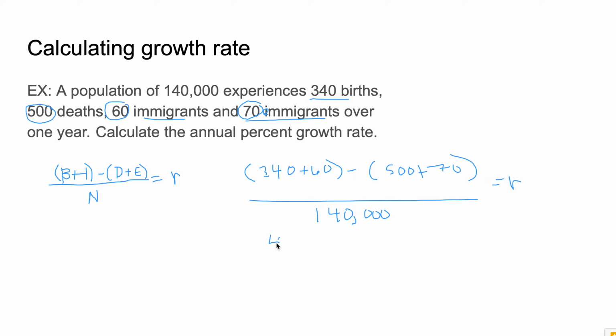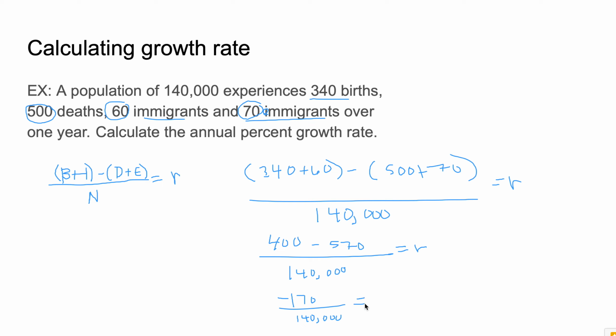So if we simplify it, we do what's in the parentheses first, so 400 minus 570 over 140,000. And now we have to do our subtraction first. So 400 minus 570 is negative 170 divided by 140,000.